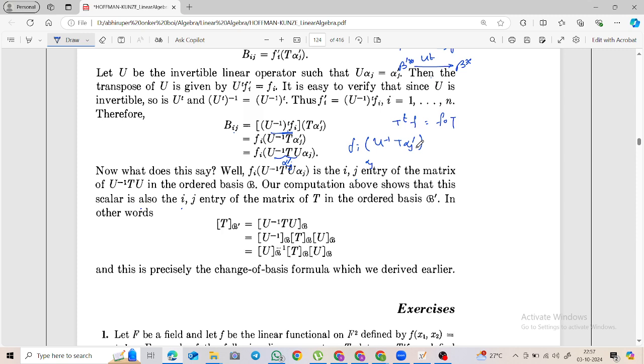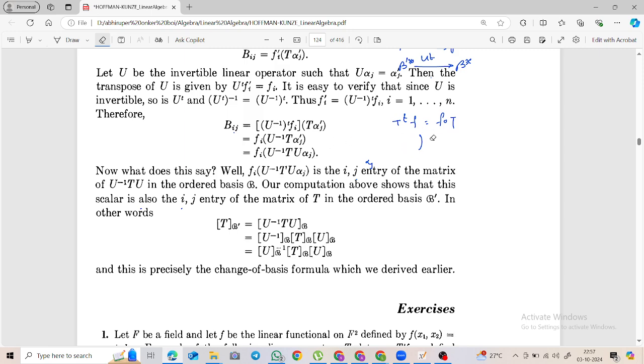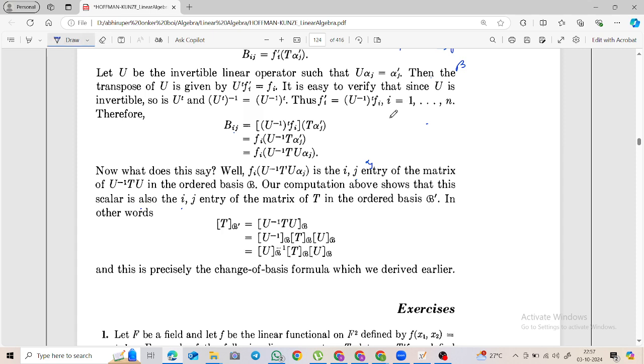Yes. So this is actually the thing that we actually got, that U beta to beta prime is U, hence beta prime star to beta star is U transpose. Okay.